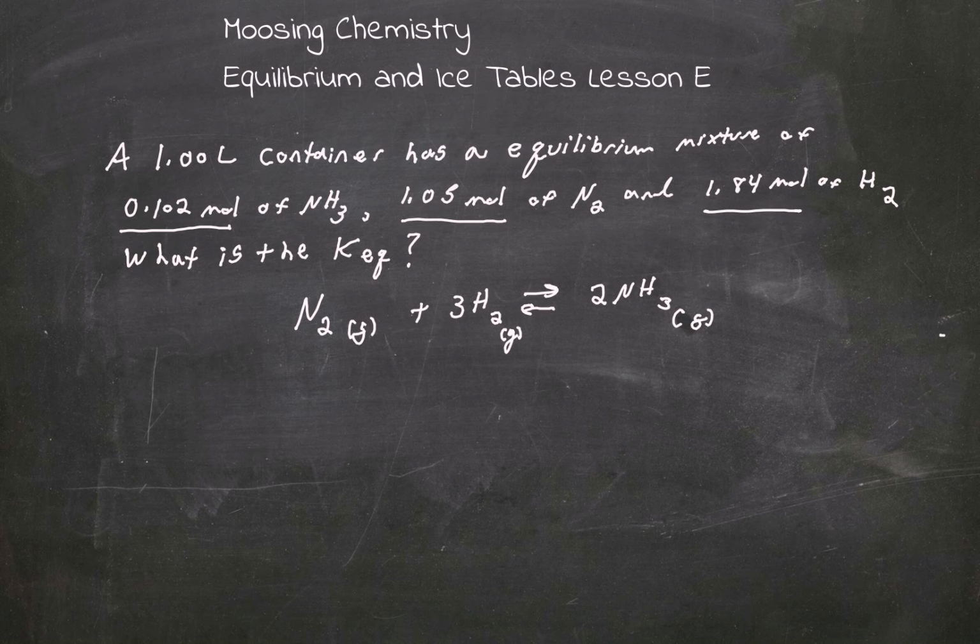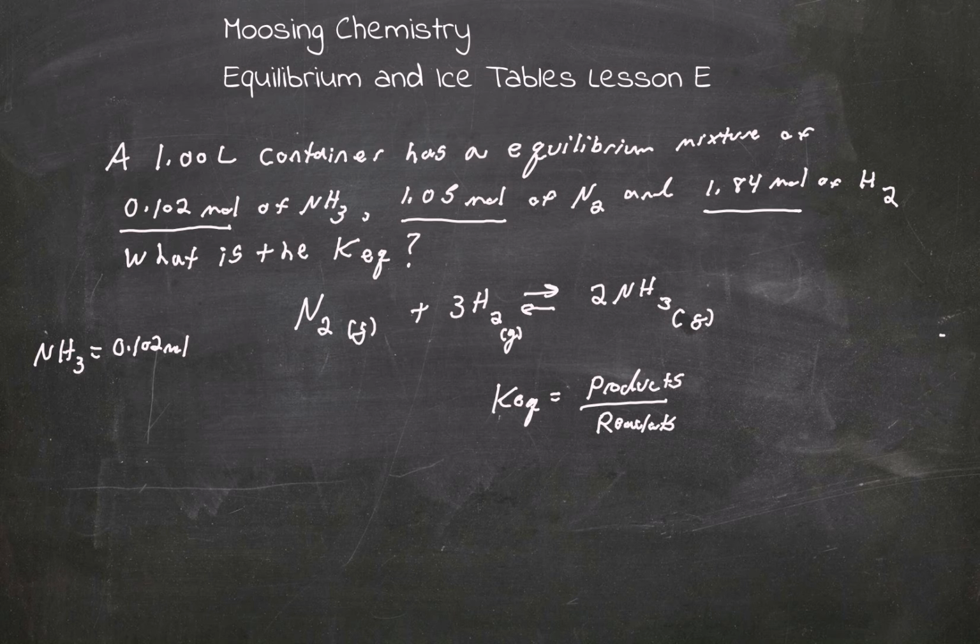So now we need to remember that Keq is equal to products over reactants. Let's see what we know. The NH3 has a value of 0.102 moles.